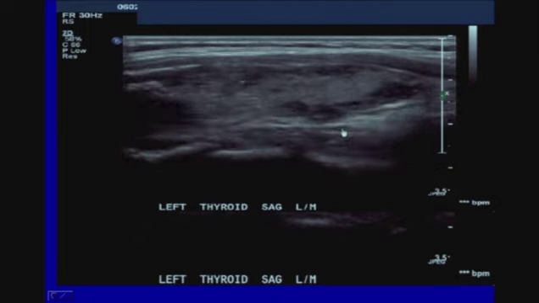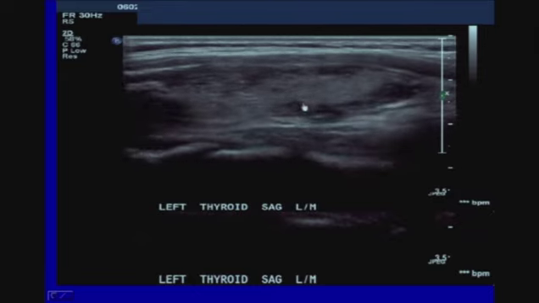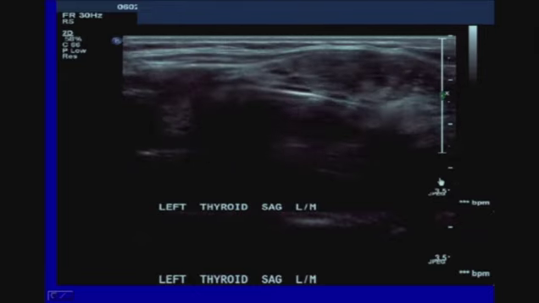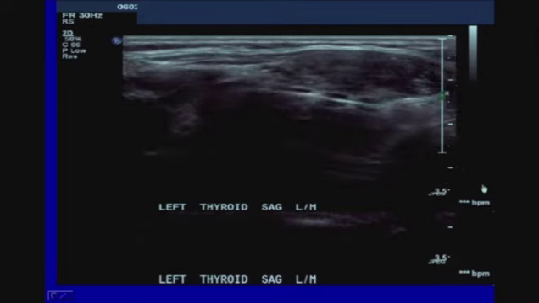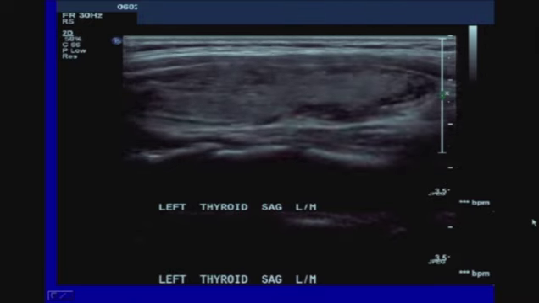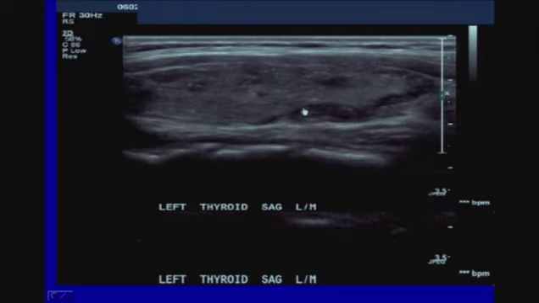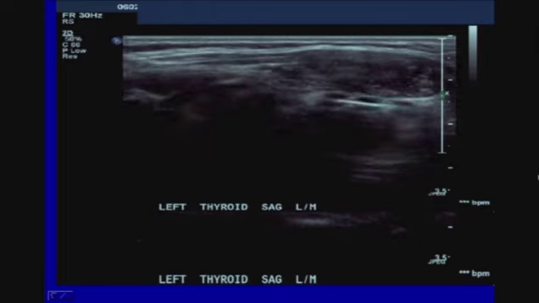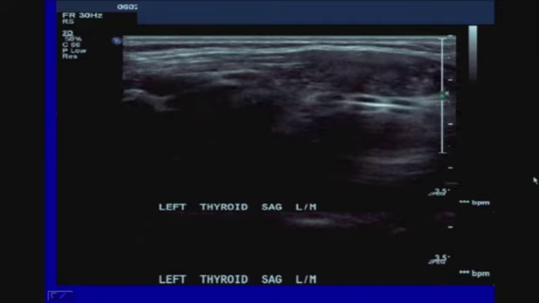I'll just show you that again. Right behind the left lobe, right here, in fact, is an oval structure that's mixed cystic and solid right there. And what that represents is an abnormal central compartment or paratracheal lymph node that has mixed cystic and solid echogenicity, a very strong red flag for the diagnosis of papillary thyroid cancer.